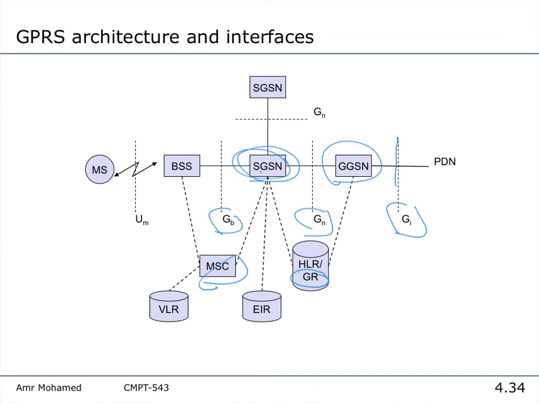For high-speed circuit switched data, even though it provides higher data rates, the billing is still based on the time. That's also another limitation in high-speed circuit switched data, because all these resources are dedicated. So GPRS is the first standard that starts to charge by the amount of bytes, not by the time.